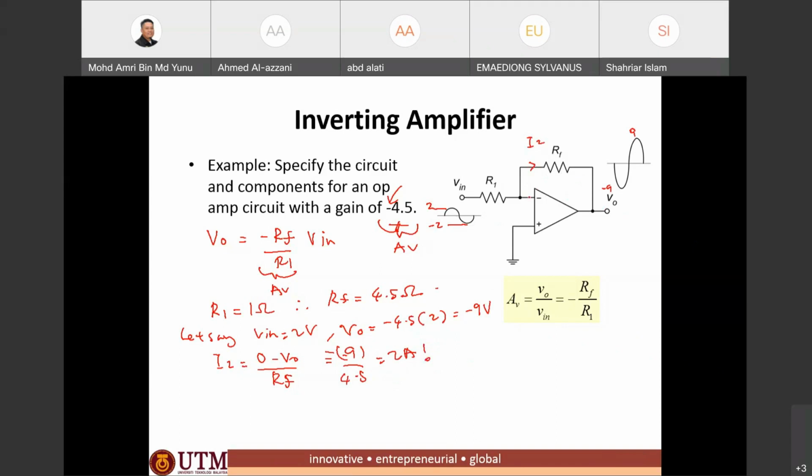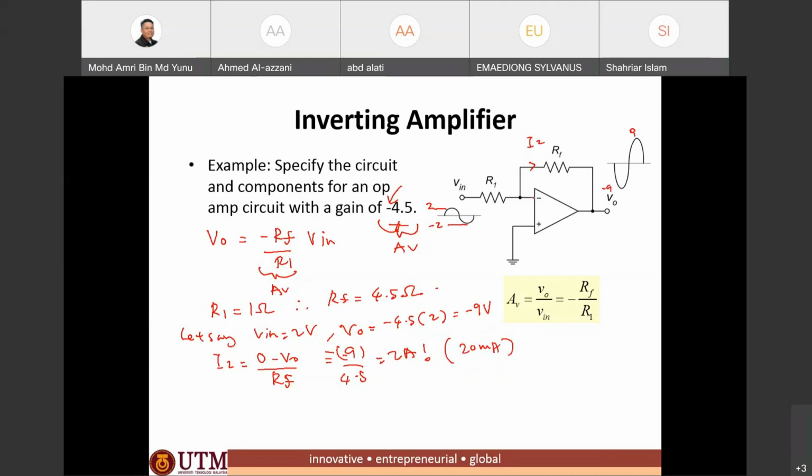The amplifier specification usually says it can only operate at a maximum of 20 milliamp. So it is not a good choice of R1 and RF values.